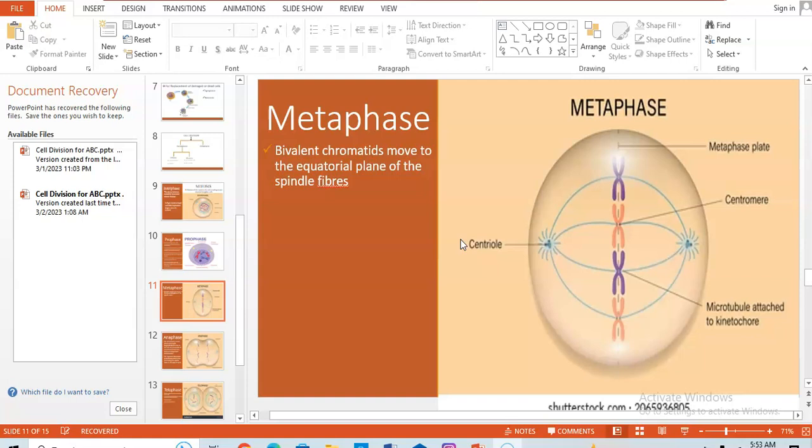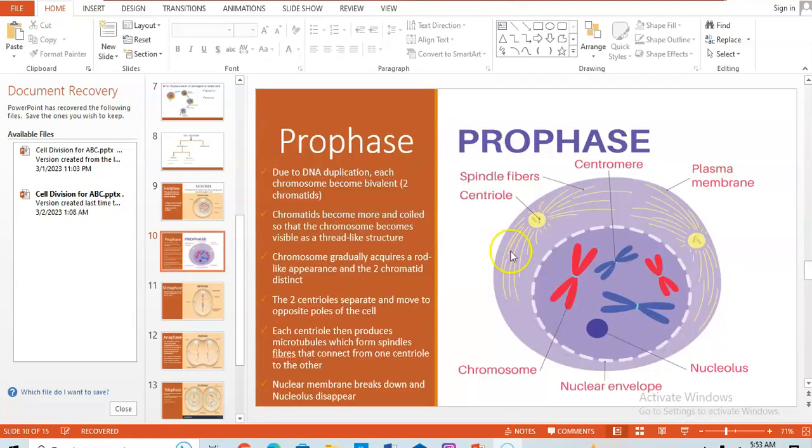Then at prophase, we talked about the chromosomes become bivalent, right? That's the major thing that occurs there. Then the nucleus and nuclear membrane, they disappear. Nuclear membrane breaks down, nucleus disappears, right?